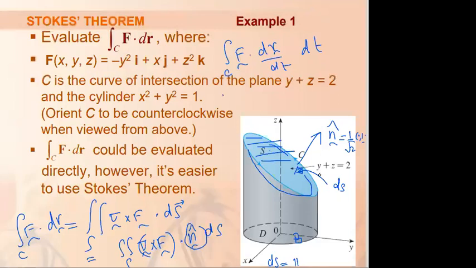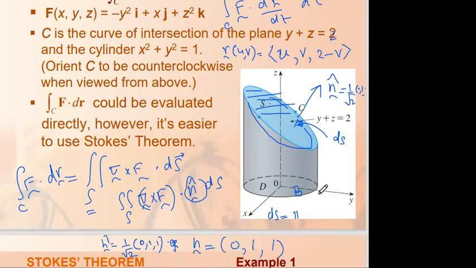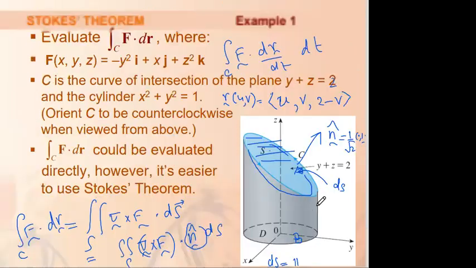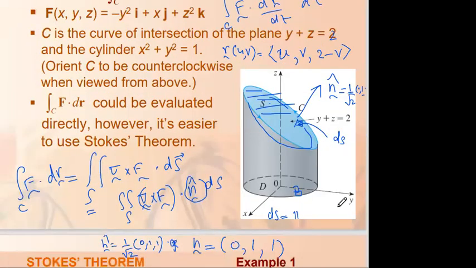Let's write r(u, v): the first component is x, I will use u for x and v for y, and z equals 2 minus y, which is 2 minus v.